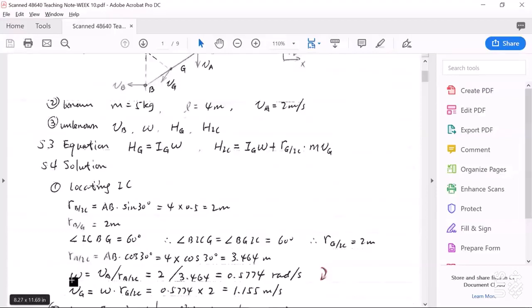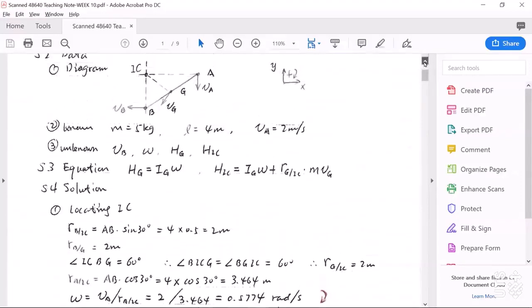Then omega must be equal to VA divided by the distance from A to IC. By observation, we know this omega must be clockwise.